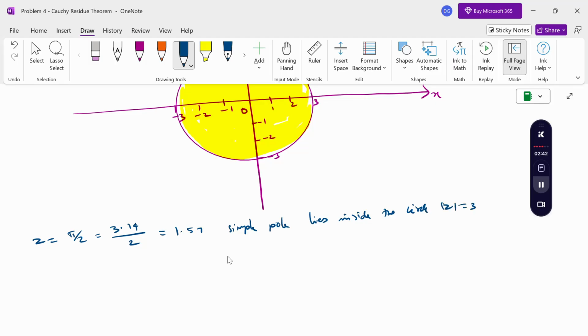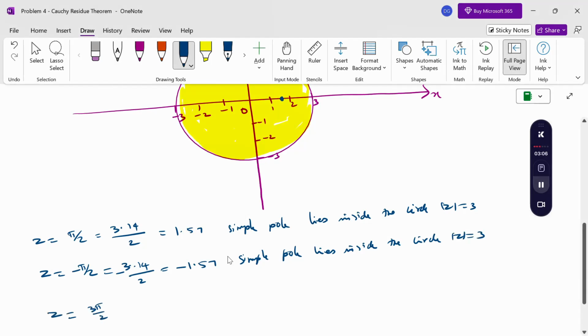Then Z equal to minus pi by 2, which is minus 1.57. This is also a simple pole and lies inside the circle 3.